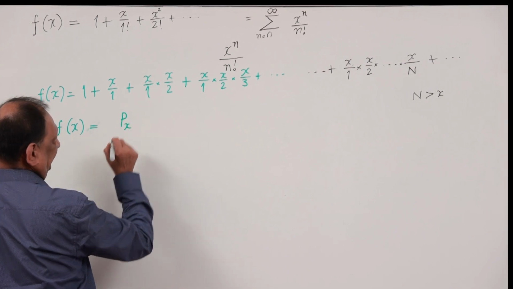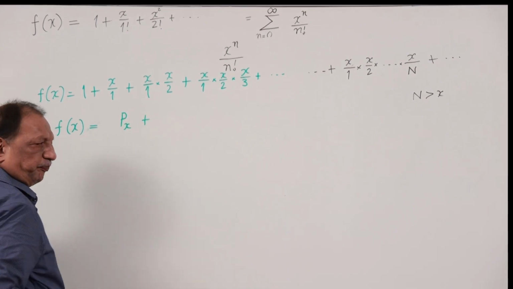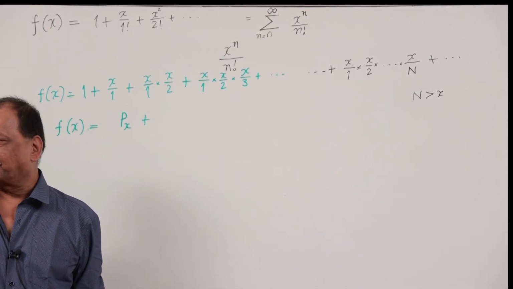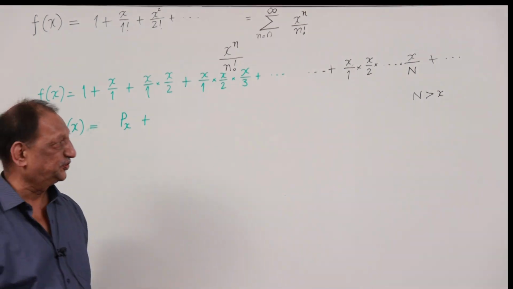I'll just call it px, plus, beyond which we start getting the terms which are lesser and lesser at each place, right?